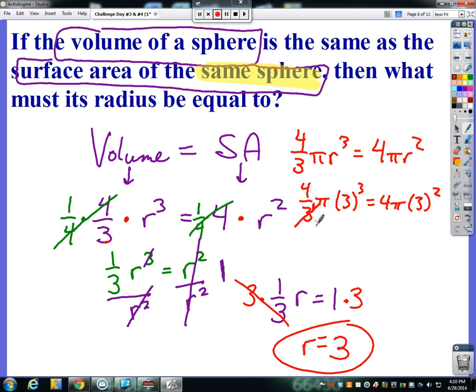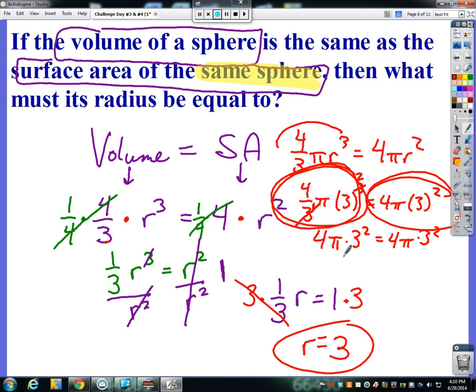Well, this 3 to the first power in the denominator can knock out one of my cubes and leave me with a squared left over. So essentially, I'll have 4 pi 3 squared, which equals 4 pi 3 squared. So I end up with the same thing. You could plug each side into your calculator, and you'll end up with the same decimal numbers in both cases.